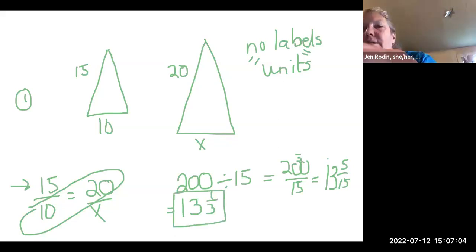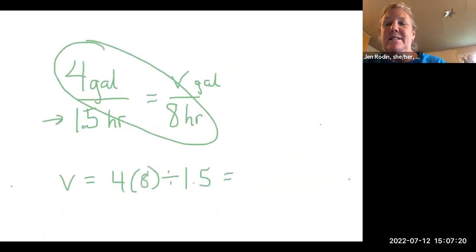So that's what x equals, 13 1/3 units for number 1. Does anyone have a question about that one? And this one's going to be 32 divided by 1.5.